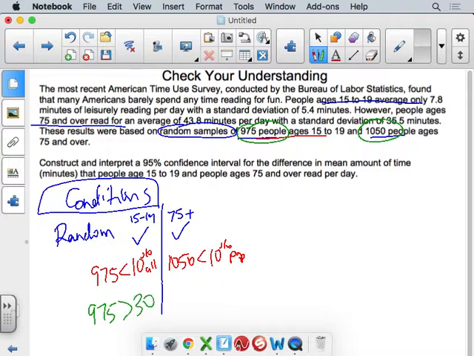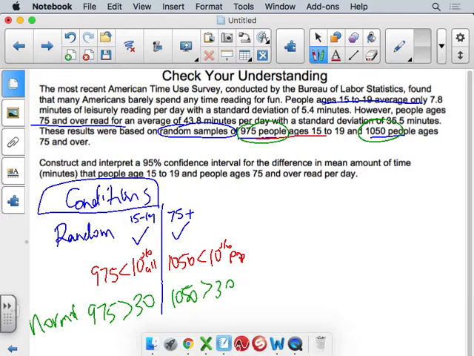Just say 975 bigger than 30, 10,050 greater than 30. So that's for your normal distribution. If you have a really big sample size, then it doesn't matter. You can just say, yes, I know it's going to be normal.